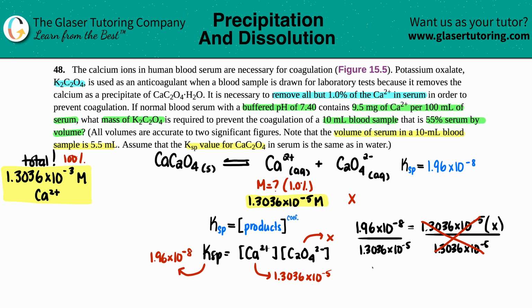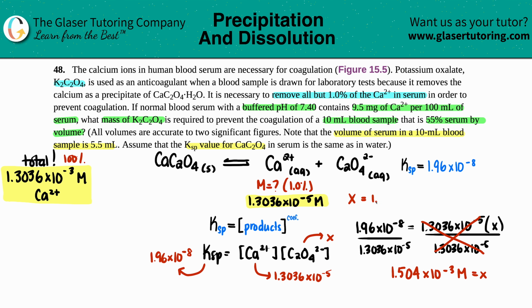And now let's see what we get here. 1.96 times 10 to the negative eighth divided by this answer. And I get 1.504 times 10 to the negative third molarity. And I just want to make sure I got that right. 1.504 times 10 to the negative third molarity. And that equals X. And remember, that was the X value here.